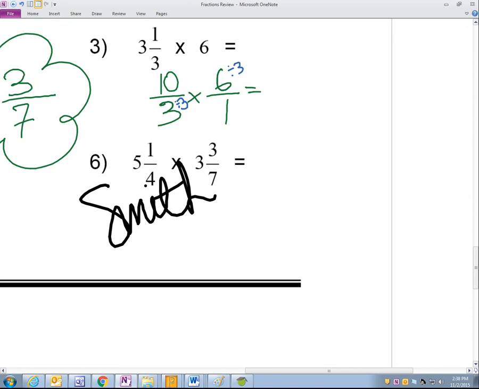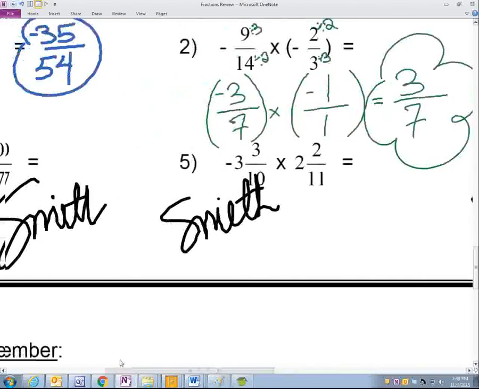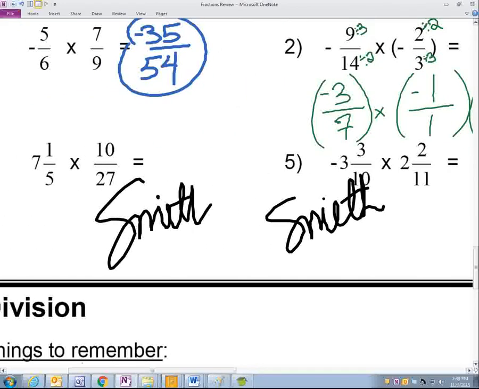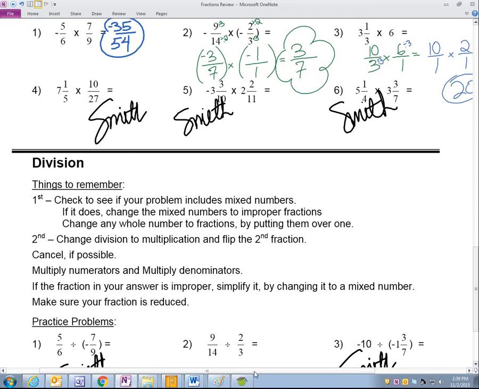The other one can't reduce, so I just have 10 over 1 multiplied by 2 over 1, which comes out to be 20 over 1, which is simply 20. And you are going to be smithing numbers 6, 5, and 4.